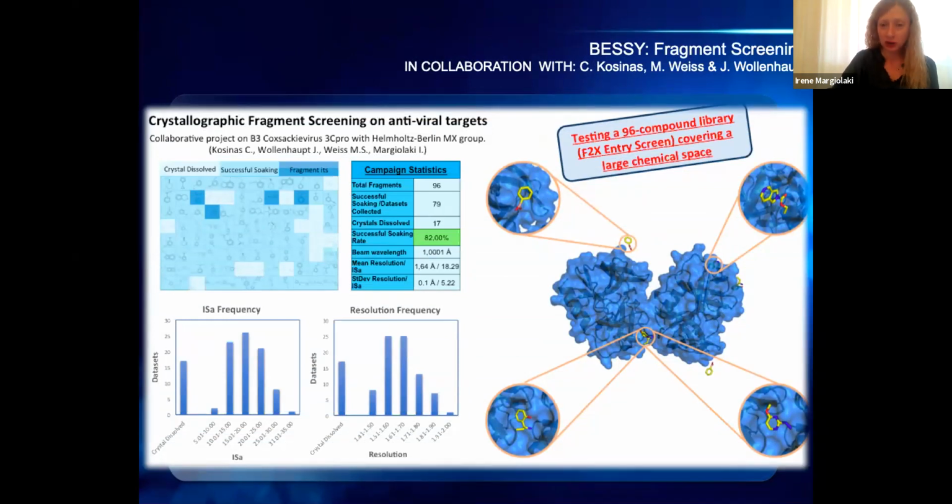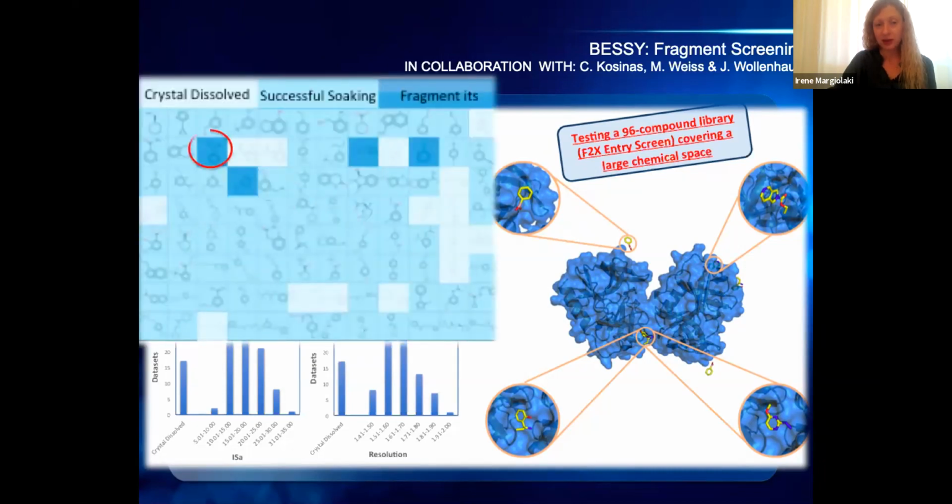So after we managed to produce the protein and characterize it via powder methods, we isolated a single crystal and we did fragment screening at BESSY. Fragment screening is very, very hot even for corona because they soak the crystal in different organic ligands and they very quickly detect potential inhibitors of a protein.